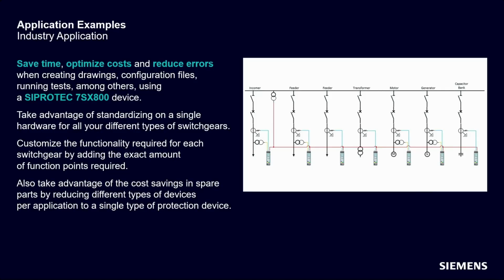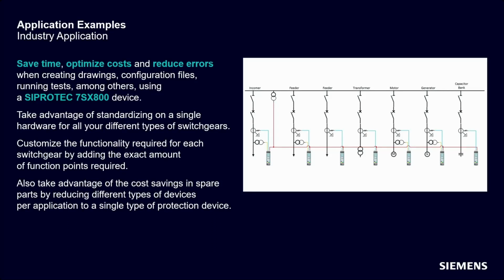Here, you can save time, optimize costs, and reduce errors using a single type of the device, but apply it to different types of switchgears, such as incomer, feeder, transformer, motor, generator, and capacitor bank. All devices can have the same hardware looking at the number of current and voltage inputs, binary inputs, and binary outputs, as well as communication ports.